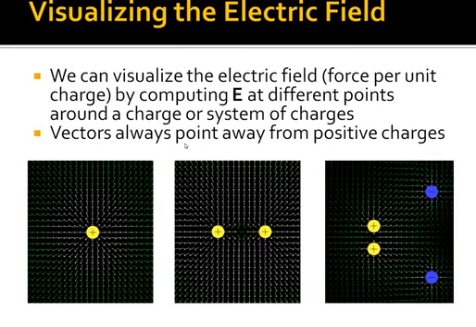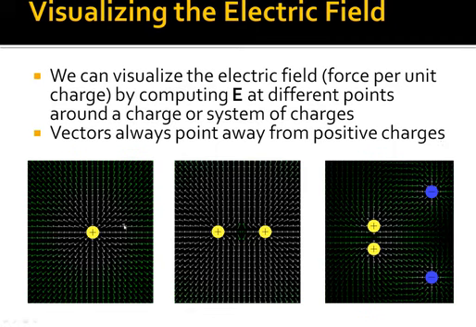All right. So what we can do is visualize the electric field, or the force per unit charge, by computing the electric field strength at different points around a charge or a system of charges. Because the electric field tells us the force that would be exerted on a small stationary positive point charge, the vectors are always going to point away from positive charges and always point towards negative charges.